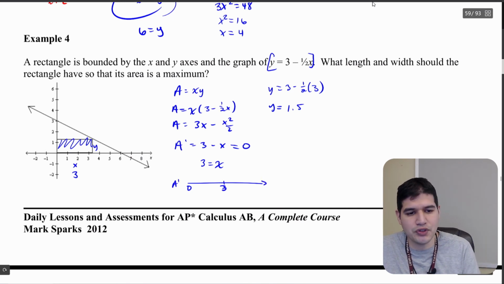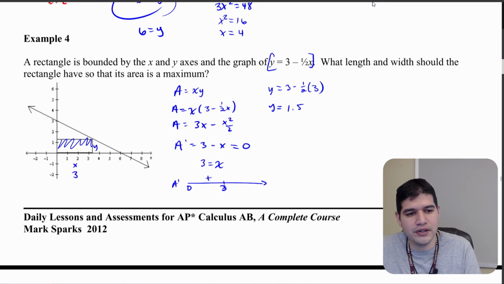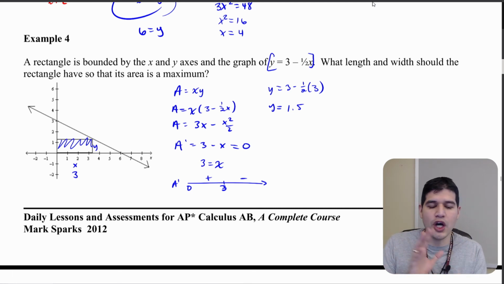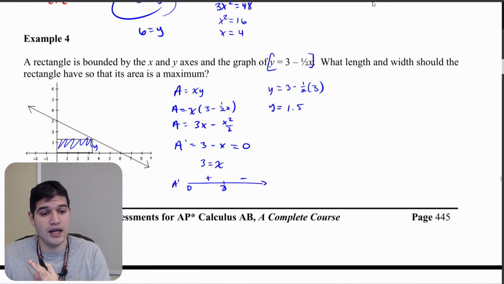So let's substitute a value in between 0 and 3, so I'll substitute 1 in. 3 minus 1 gets me 2, so that's positive. And a value greater than 3, so 4: 3 minus 4 is negative. So we know that we are getting a positive to negative, so that proves that we have a maximum.